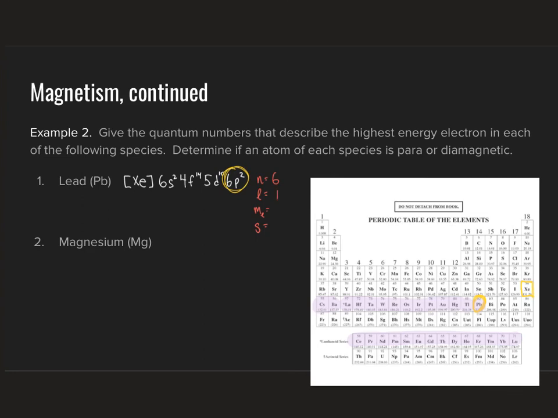And here's where a little bit of remembering from last year will be useful in order to determine the orientation in space of the p orbital we're dealing with here. Recall the allowed values for the magnetic quantum number go from minus l to positive l. And in this case, l is 1, which means the orientations in space for the px, py, and pz orbitals are -1, 0, and +1, respectively.